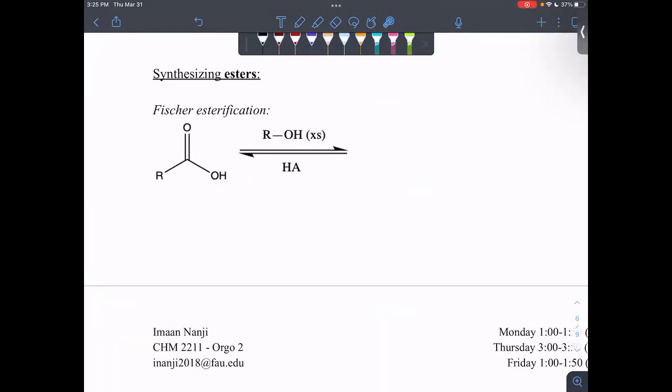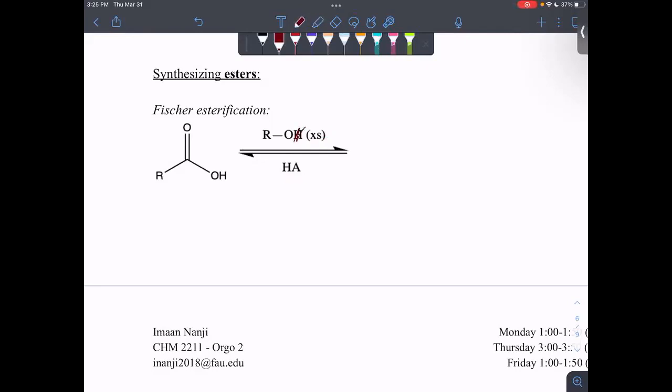So in order to shift the equilibrium towards the ester, you need excess alcohol, and you also need an acid catalyst. For the acyl chloride and acid anhydride, to turn those into esters, we did not need any acid catalyst. We could just use a plain old alcohol. But because esters and carboxylic acids have such similar reactivity, we need something to speed that reaction up. So now that we have the acid catalyst and excess alcohol, we can do the same thing.